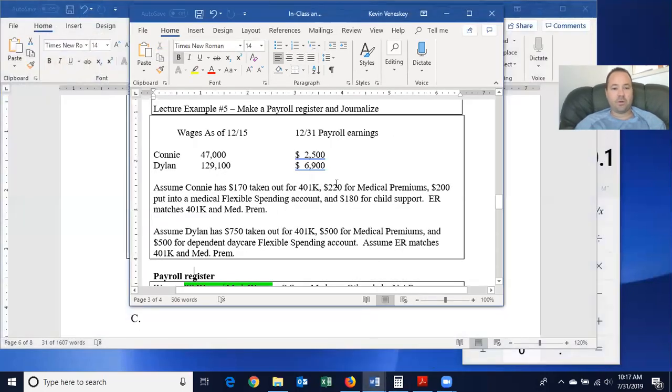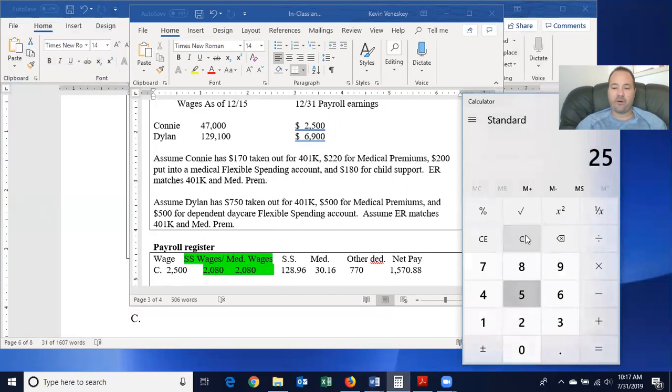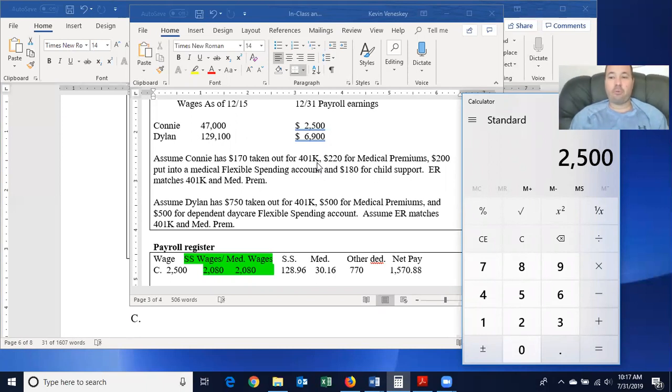All right, so for Connie, what I first want to do is determine, all right, we have $2,500 in actual wages. Then let's bring up my calculator. The 2,500 says she has 170 taken out for 401k. Well, that's all good, but we don't get a break on that for Social Security and Medicare taxes.